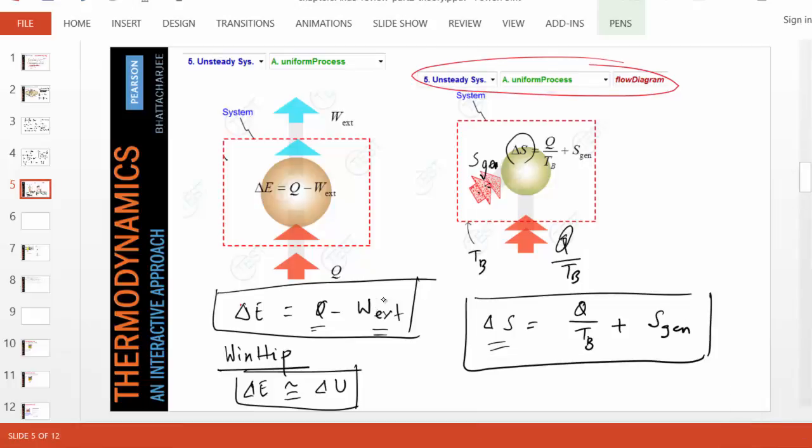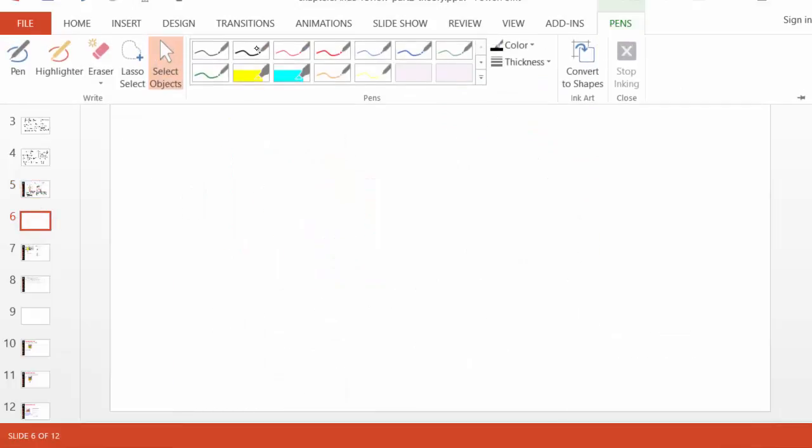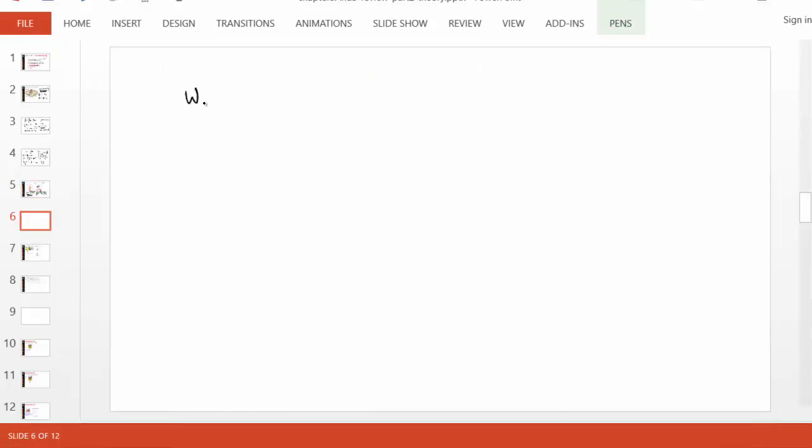It should be noted that the external work is mostly boundary work. And the boundary work and heat transfer Q can be related to a TS and a PV diagram very nicely if we remember that boundary work is given by integral PdV. And to find a meaning for heat transfer, let's write the entropy equation for a closed system again.